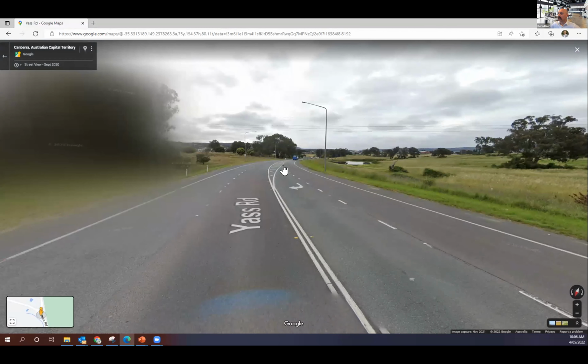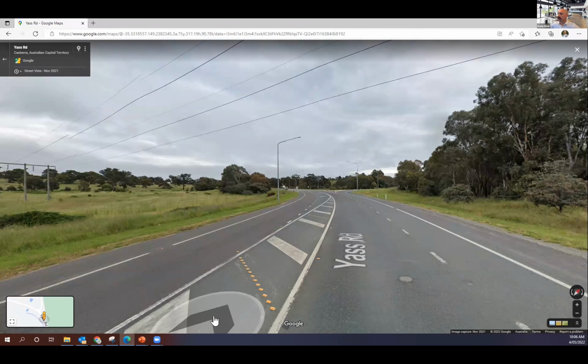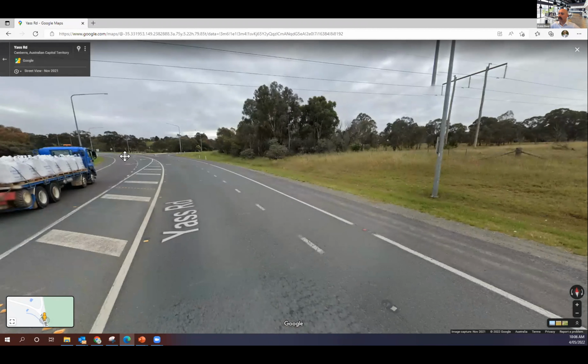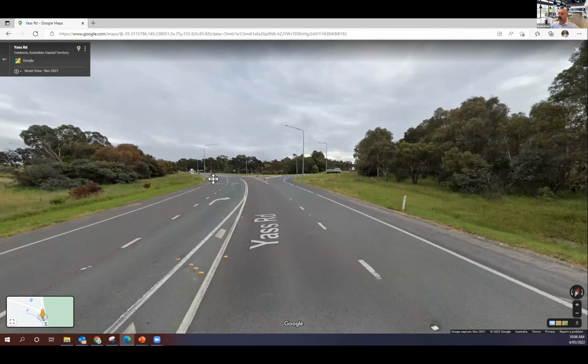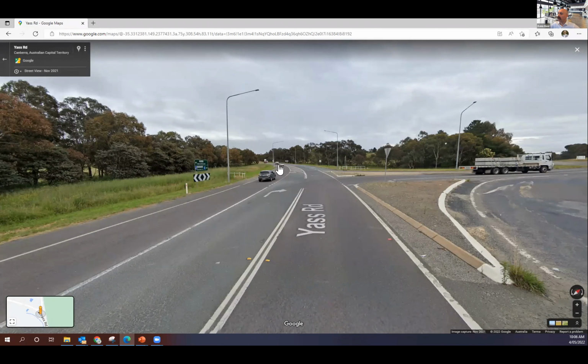Let's go for a little drive up the road here. Just having a quick tour around so people can get their head around this a little bit. Right turn there.